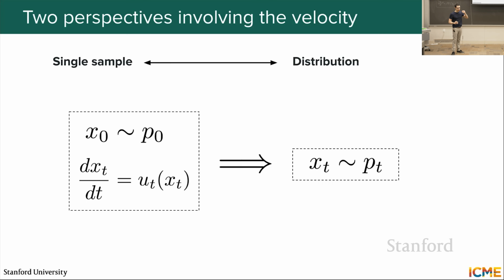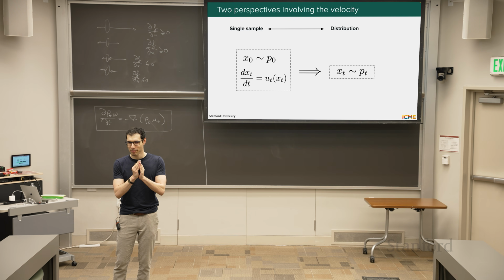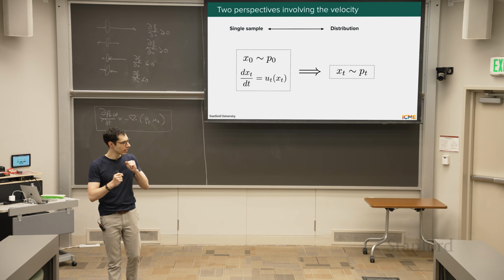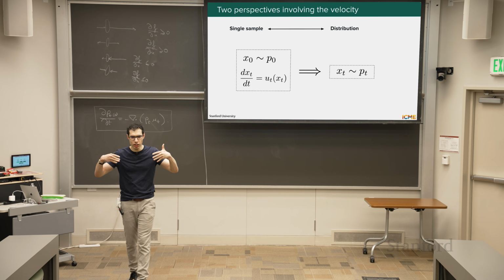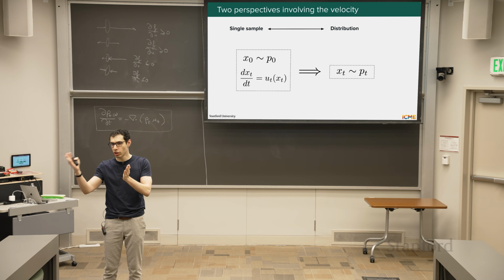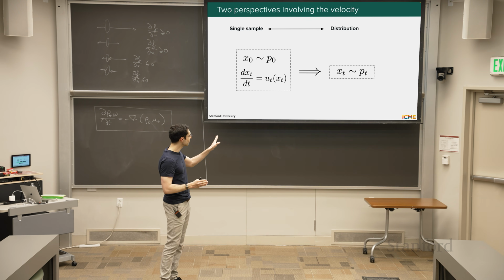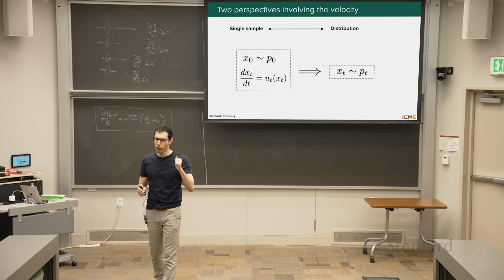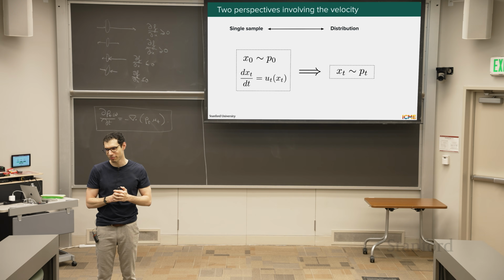If we sample x0 from P0, given that our particle x is subject to velocity, then if that velocity is generating the probability path from the initial to the target one, then x_t will be sampled from p_t. And in particular, at t equal 1, x1 will be sampled from p1.